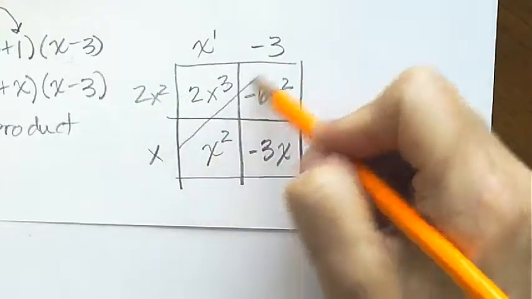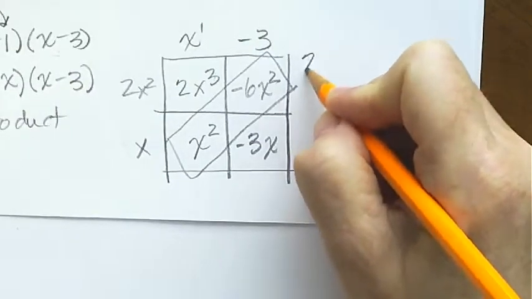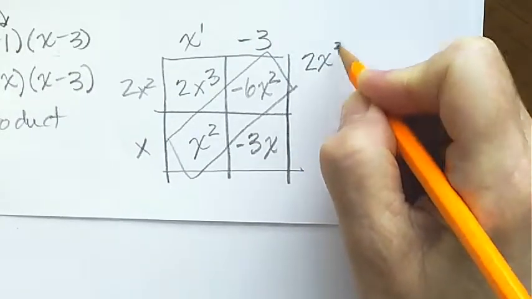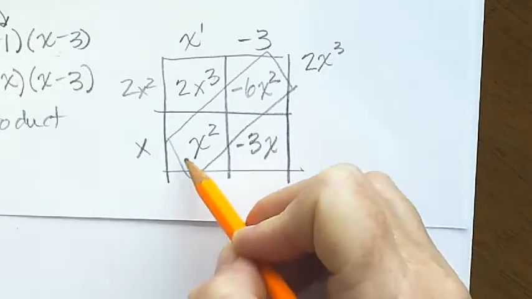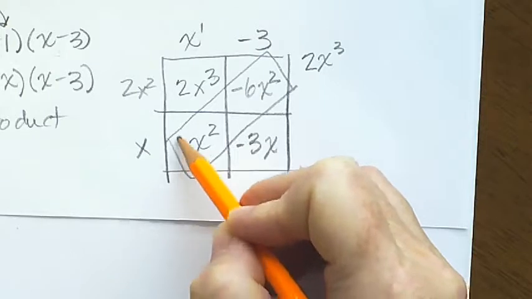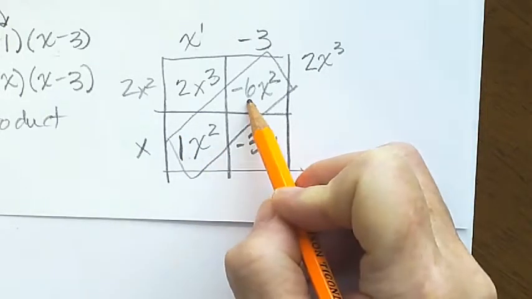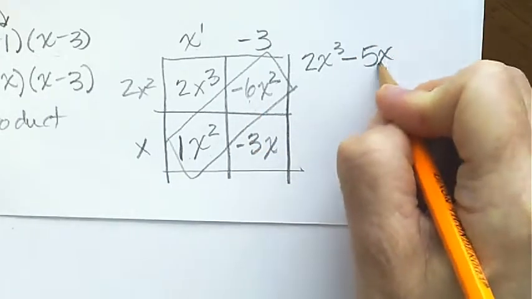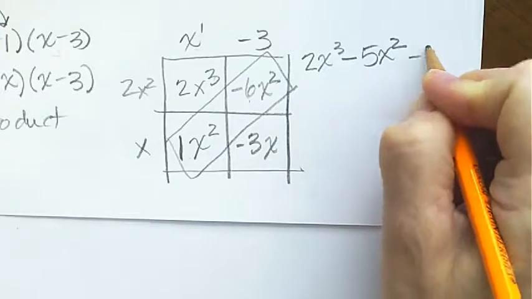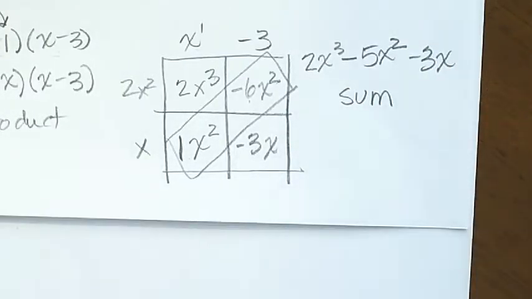We've got x squared and negative 6x squared. So as a sum, this is going to be 2x cubed. Remember, when you're combining like terms, you're adding the coefficients. The coefficient of x squared is 1, so I'm adding a positive 1 and a negative 6, which would give me negative 5x squared minus 3x. So there's the answer written as a sum.